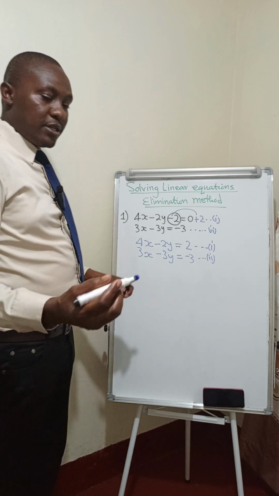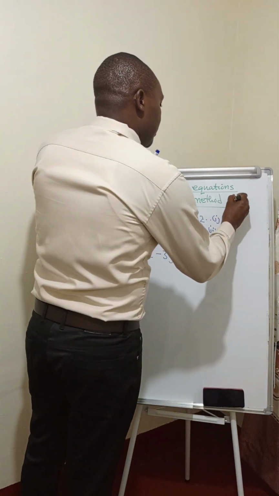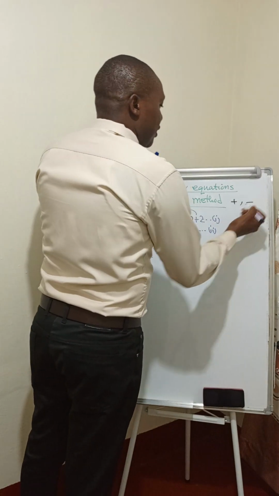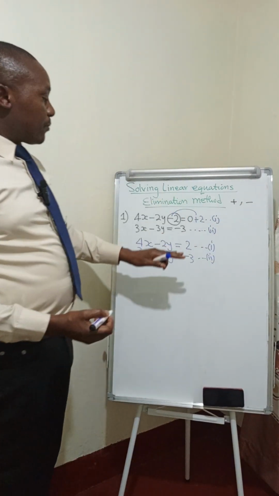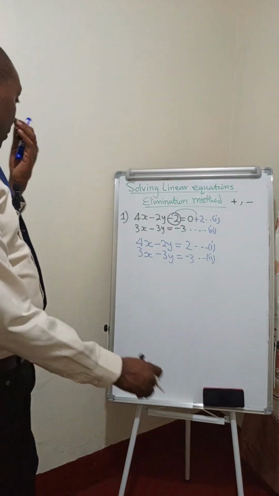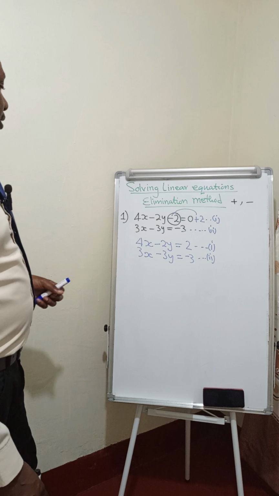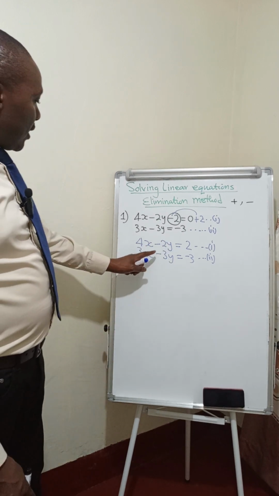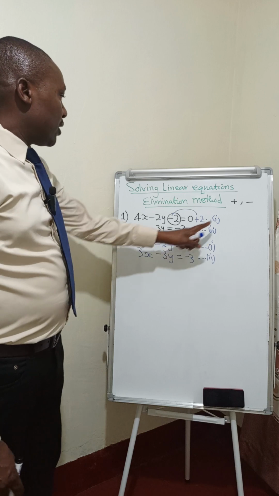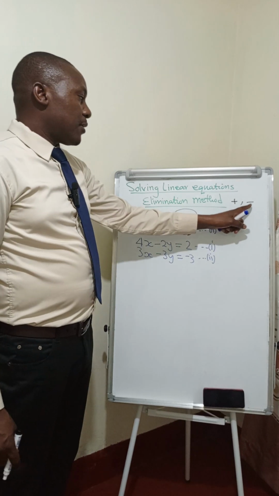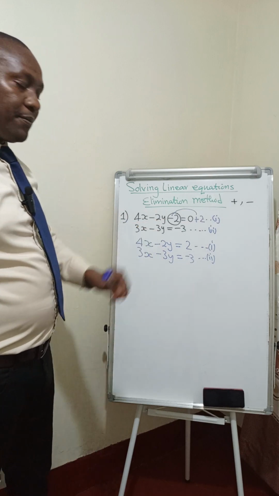Remember, in the previous lesson, we said we can use either addition or subtraction to help us eliminate, remove it completely. Now, if at all we pick on y, should we choose addition to eliminate y or subtraction to eliminate y?